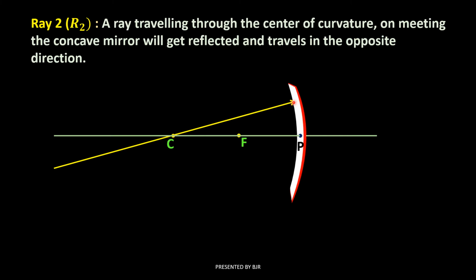It will get reflected and it will come back again along the same path. See here, this is the incident ray. See here, this is the reflected ray. So a ray traveling through the center of curvature, on meeting the concave mirror, will get reflected and travel in the opposite direction.